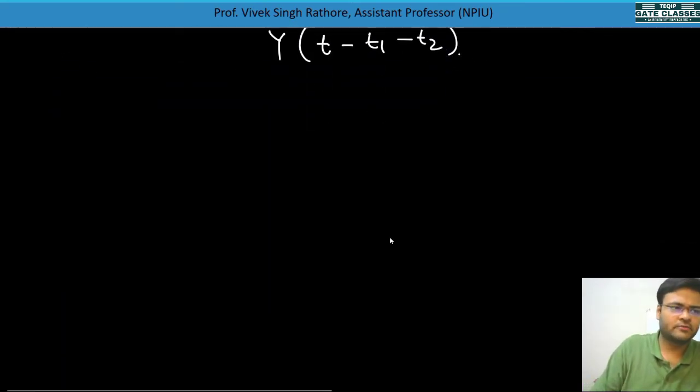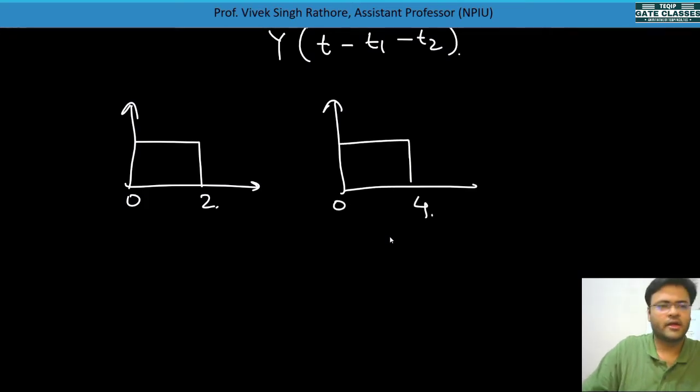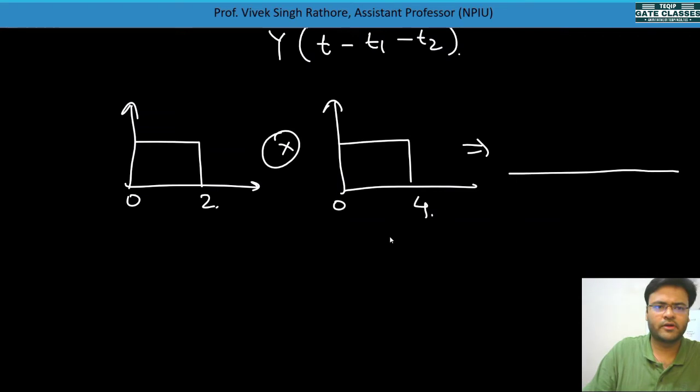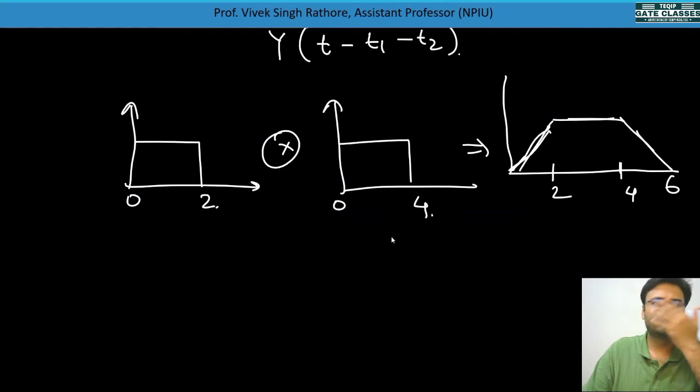I will tell you practically. See, if your signal is from 0 to, let's suppose, 2, and the other is from 0 to 4, the convolution output will be from 0 to 6.